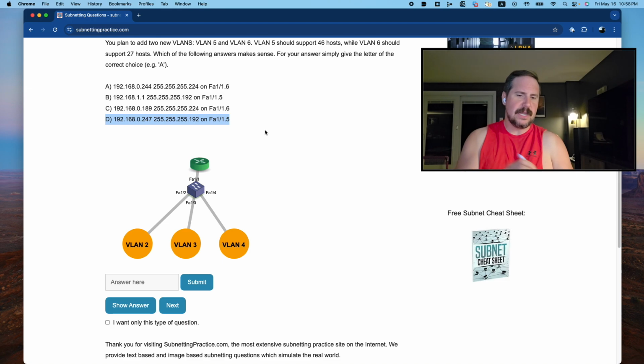And so it's got a 192 subnet mask, which is the smallest one it could have. Oh wait, no, yeah, sorry. I'm thinking between A and D.